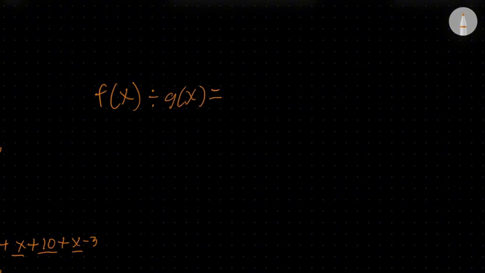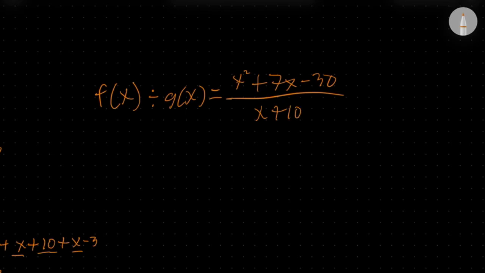To divide this, we'll input the values. F of x is x squared plus 7x minus 30 over g of x is x plus 10. Now we notice that f of x, or x squared plus 7x minus 30, is a quadratic function.